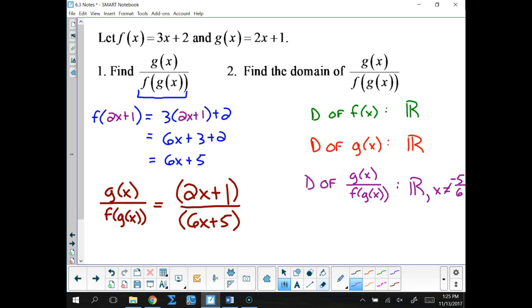Let me erase this part right here. g can't equal what? So how'd you get negative 1/2? I said g equals 0. No, g can equal 0.